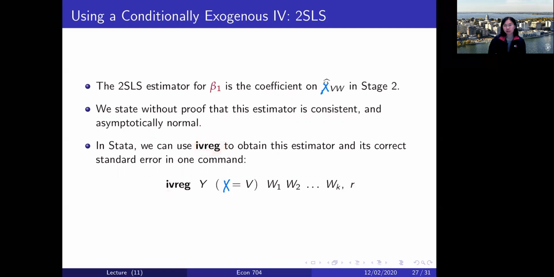When you use the ivregress command, you tell Stata y is the dependent variable. Inside the parentheses, you tell Stata this is the endogenous variable, and V is the instrumental variables. And you write the control variables outside these parentheses.